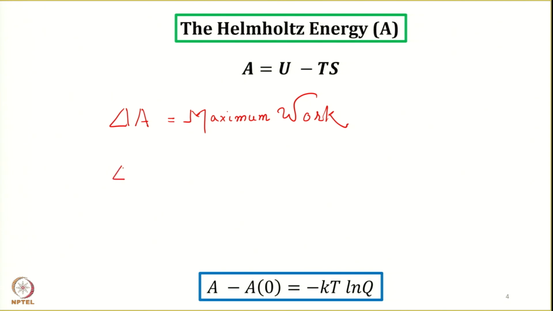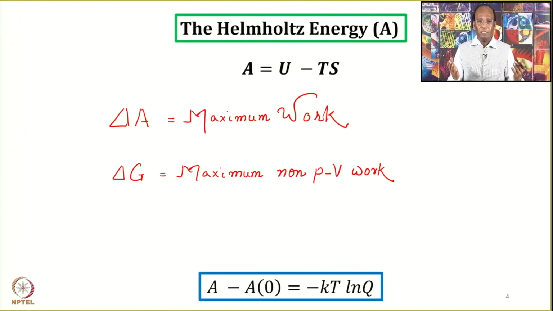And delta G is maximum non-pressure volume work. I am not talking about criteria of spontaneity over here. I am only talking about changes in the thermodynamic quantities which reflect on the maximum work which you can draw from a system. Obviously, the questions will be how to get these experimentally.